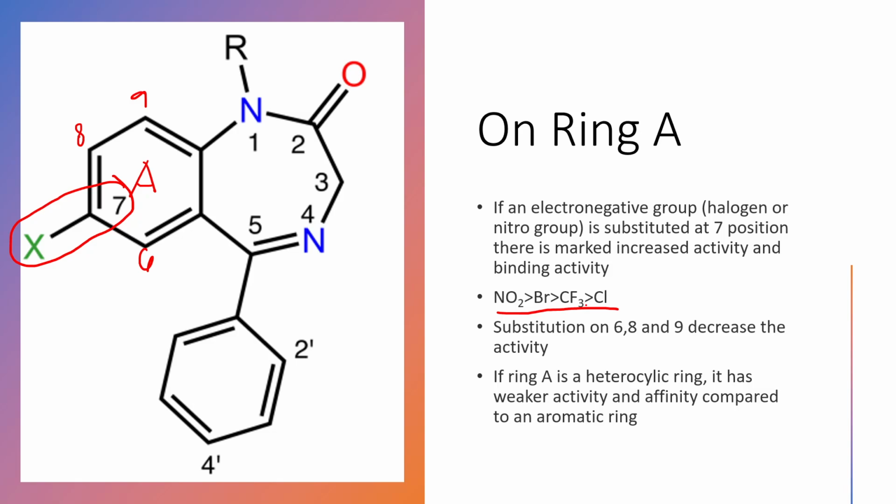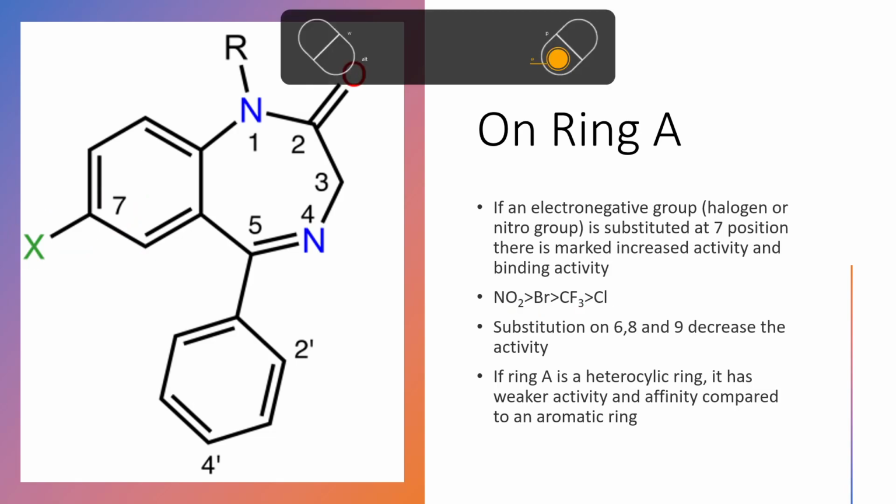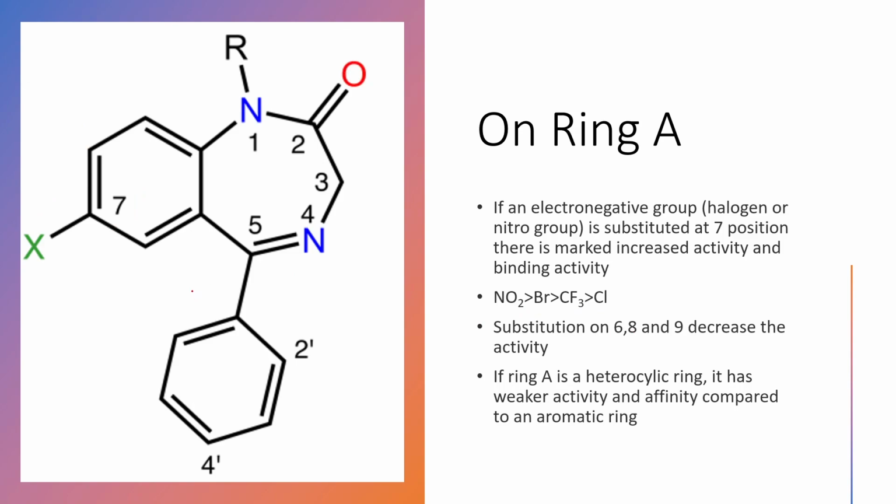Okay. Next SAR is substitution at 6, 8, and 9 decrease activity. Meaning if you substitute any at these positions, you actually have less activity as compared to not touching them at all.